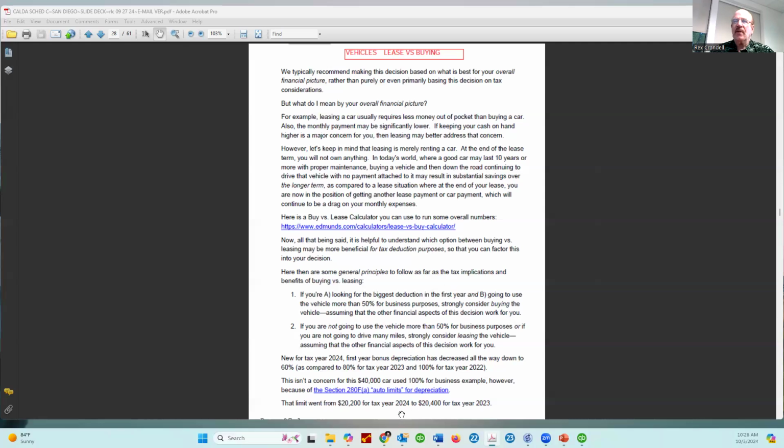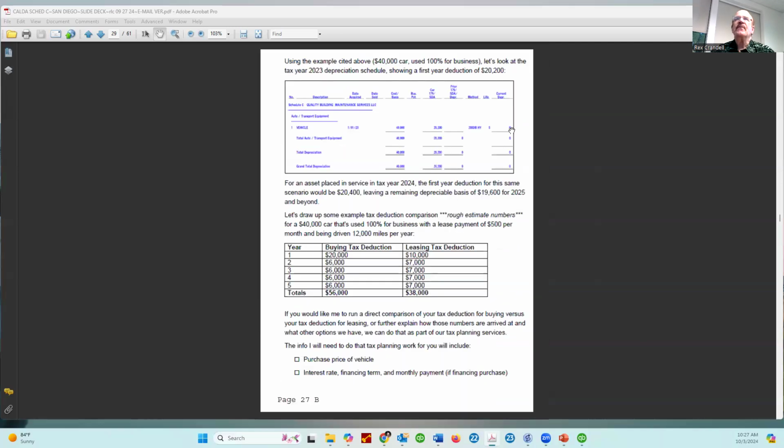The limit was 20,400 in 2023, and it dropped down to 20,200. Here's an example of a depreciation schedule, a 40,000 car purchased and getting 20,200 for a deduction. For an asset placed in service in 2024, the first year deduction for the same scenario would be 20,400, leaving a remaining depreciation amount of 19,600 for next year, 2025.